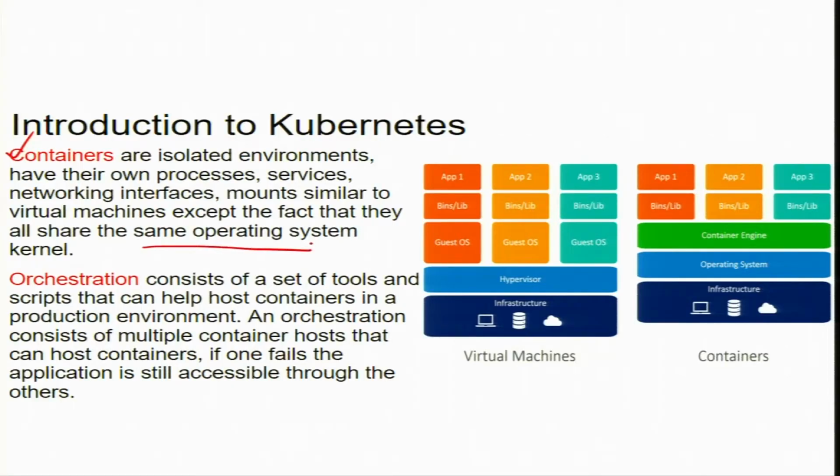If you contrast with the virtual machine, in a virtual machine, for an application to run, it will be packed with the binaries and all dependencies which the application needs to run, and the guest operating system. This entire suite, which comprises the guest operating system, the binaries and libraries required to run the application, is called a virtual machine.